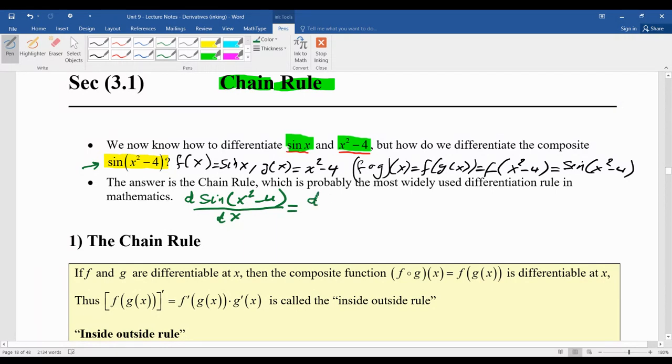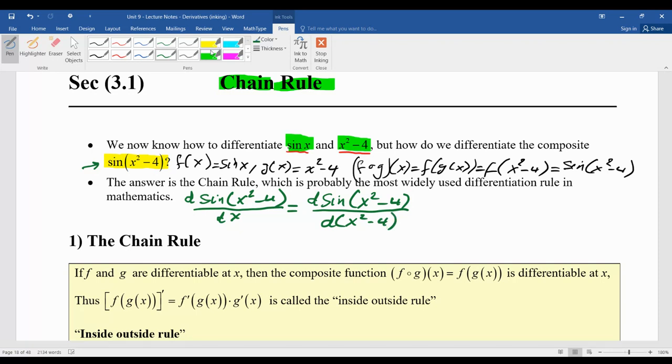First I'm going to say, the derivative of sine of x squared minus 4 with respect to x squared minus 4. So what does this mean?